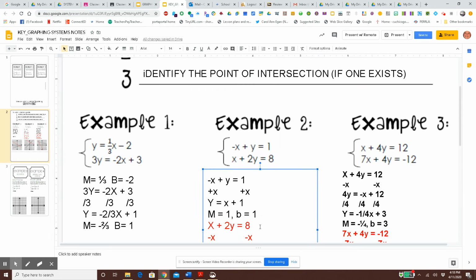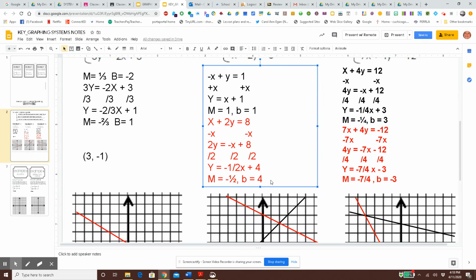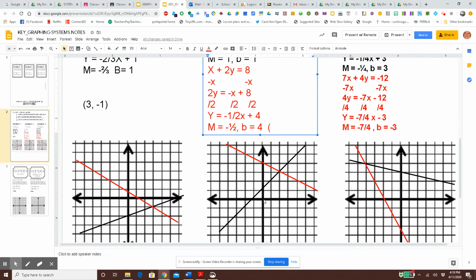On the second one here, put our answer right next to it here. Going from 0, 0, we go over 1, 2, over 2, and up 1, 2, 3. So our answer is 2, 3.